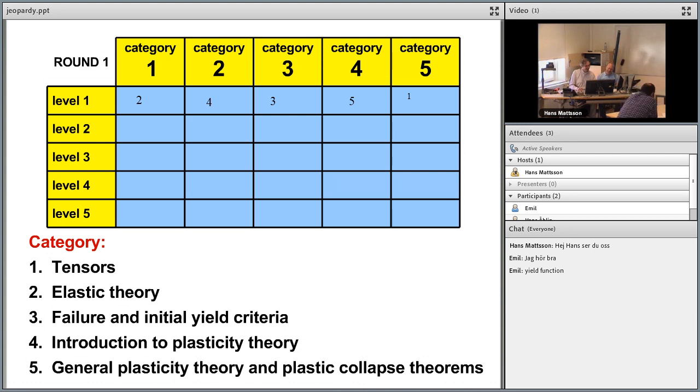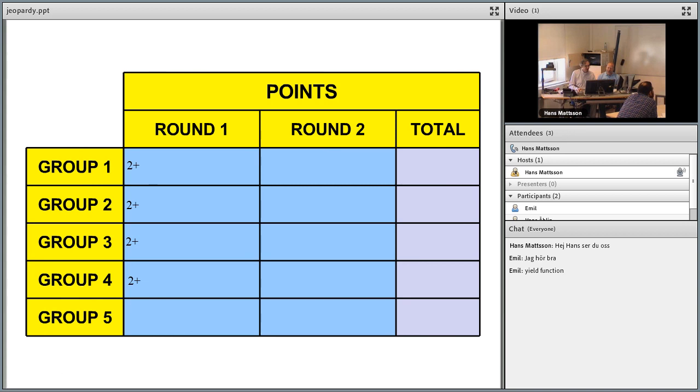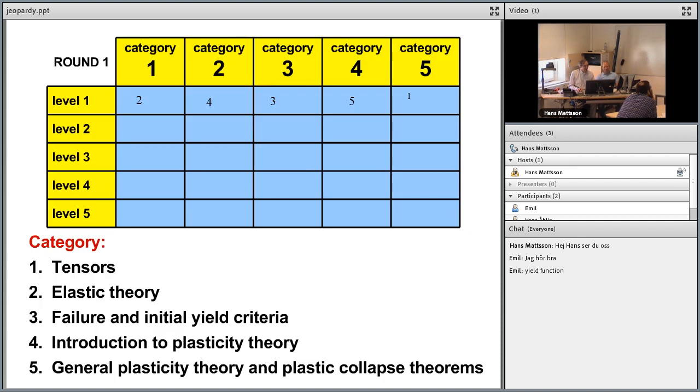But as we said before, the questions on the first level are the easiest ones. And now, group number 1 is choosing again, and they are forced to go on the higher level. How will they think? Okay. Category 1, level 2, group number 1 is choosing.